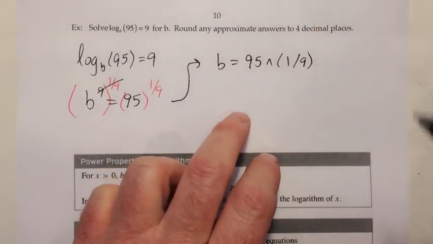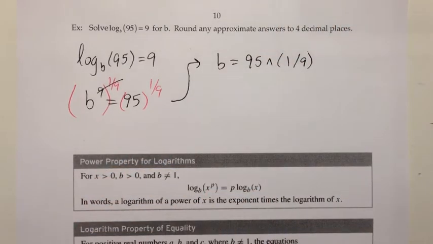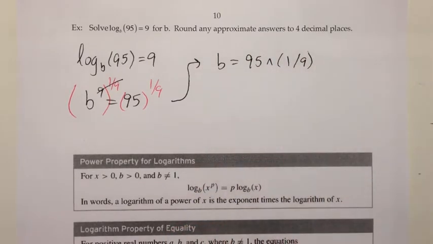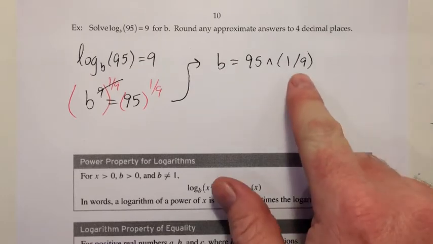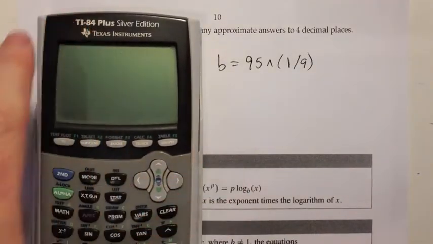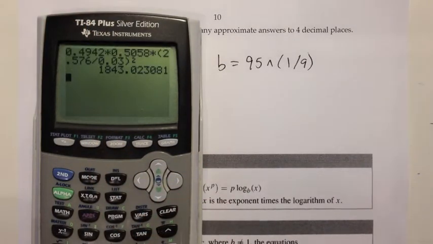And I wrote this in a little bit of an odd way, but that's because that's what it would look like in the calculator. And the calculator should be brought in here because they said to approximate our answer to 4 decimal places. And this would be a ninth root. I don't know what the ninth root of 95 is in my head, but I can do it on the calculator and approximate it to 4 decimals. So I'm going to do that.